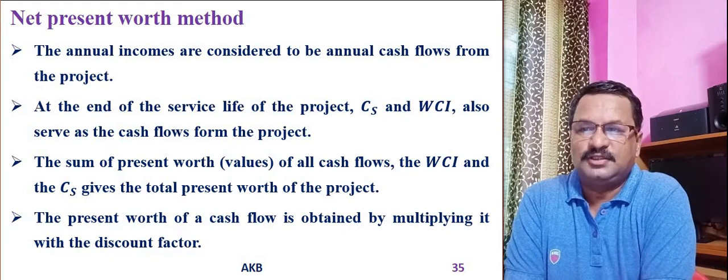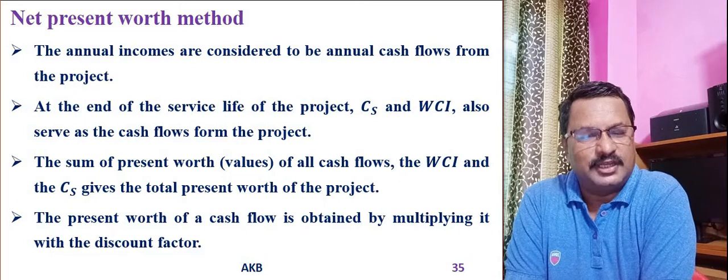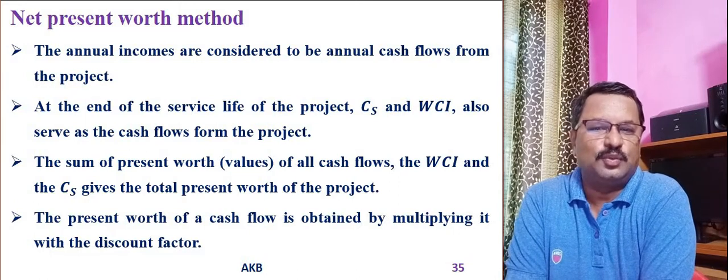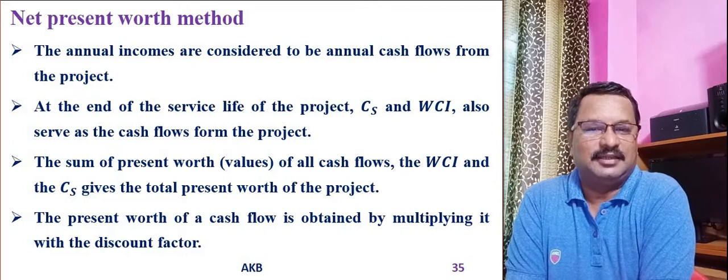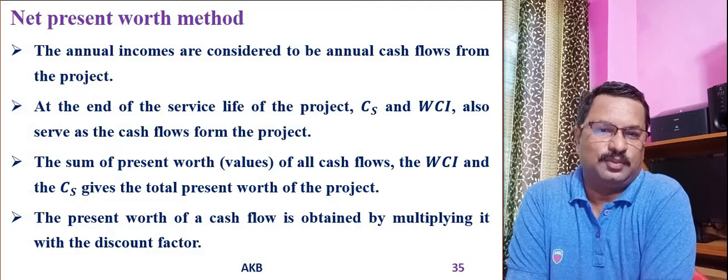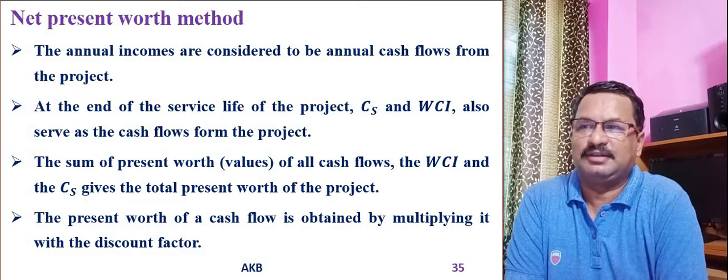How to get the present worth or present value of a particular cash flow? For that we have to multiply the cash flow with the discount factor which we have discussed in the discounted cash flow method. So I'm going to discuss that once again.